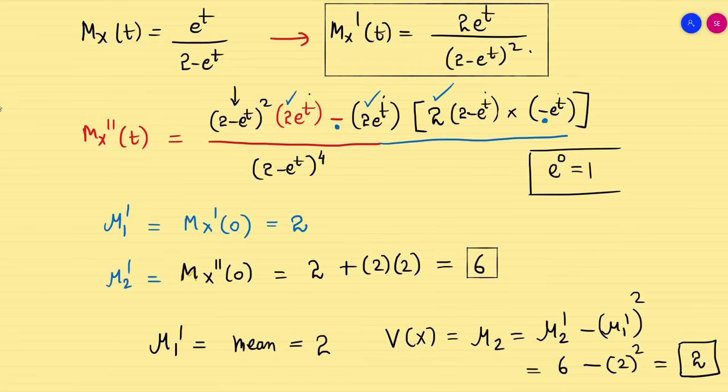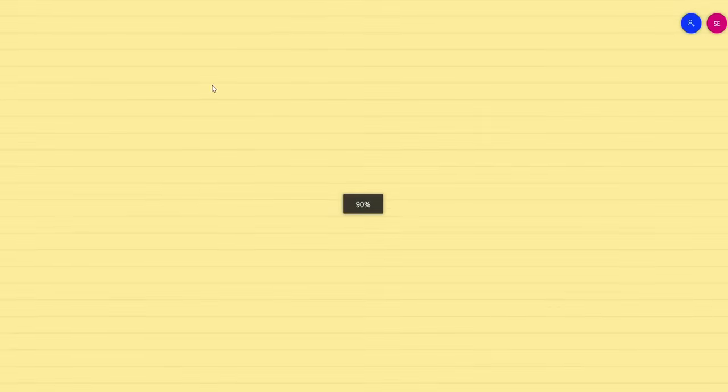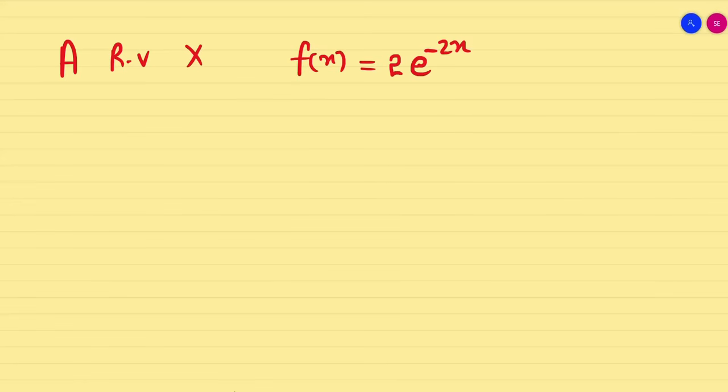Okay, let's go. Take down a problem. A random variable x, I'm saying a random variable x, the function f of x is equal to 2 e power minus 2x, x greater than or equal to 0.